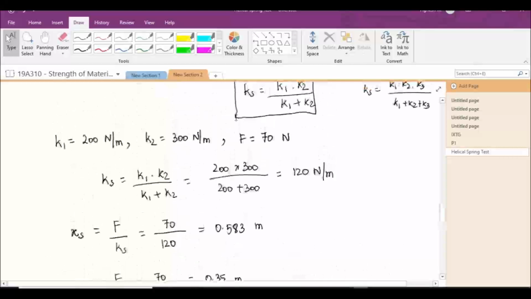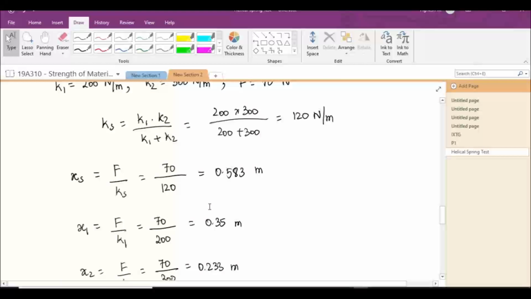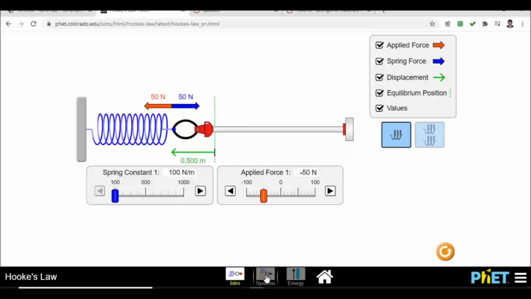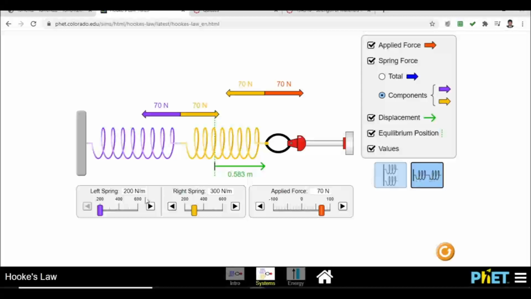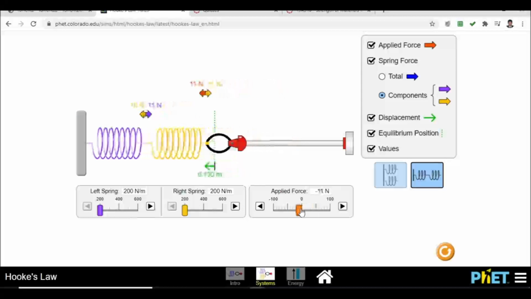So let us check whether these results are correct. These are numerical results, so let us check them in the simulator. In the simulator, I am taking springs in series, and let me reset these values.